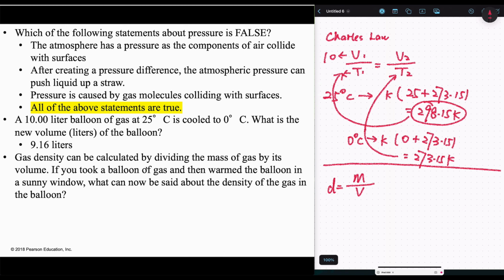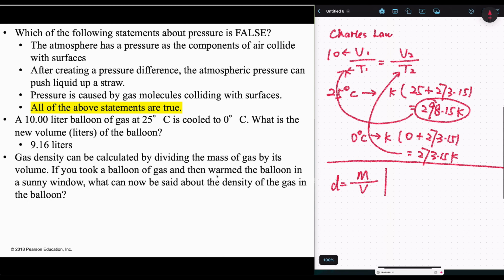This question is saying that when you are warming up a balloon, it means we are increasing the temperature, right?